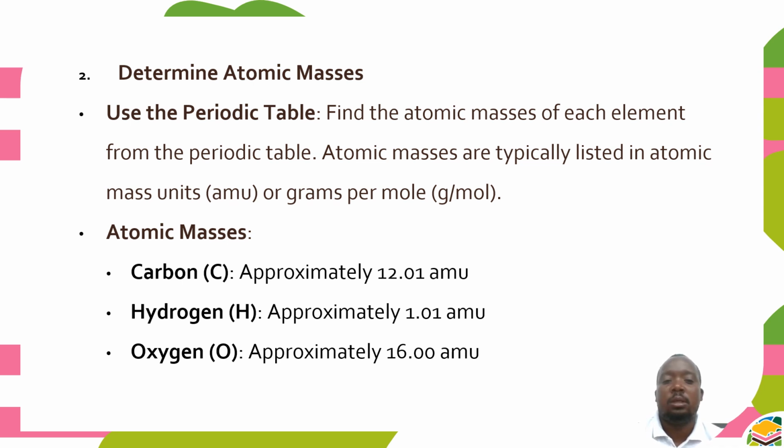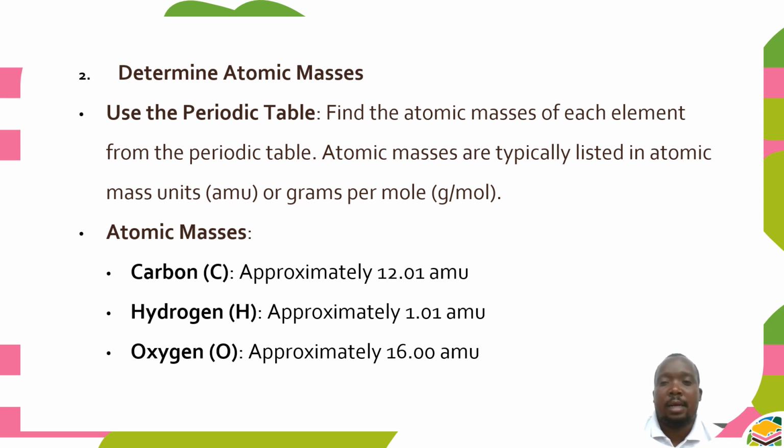You have carbon, hydrogen, oxygen. The atomic mass of carbon is approximately 12.01 AMU. Hydrogen has an atomic mass of approximately 1.01. Oxygen has an atomic mass of 16.